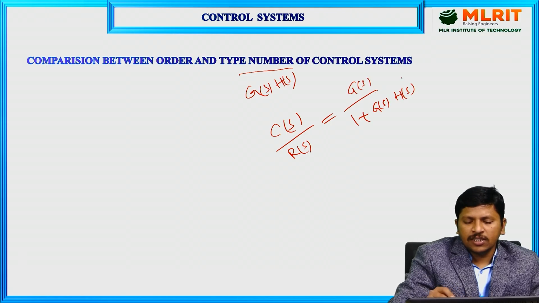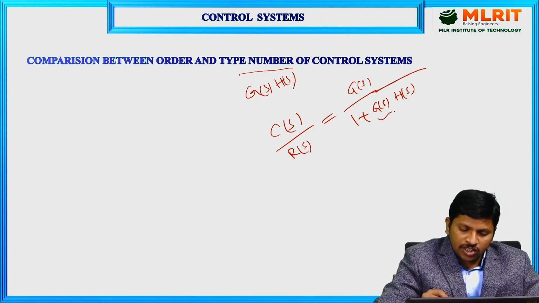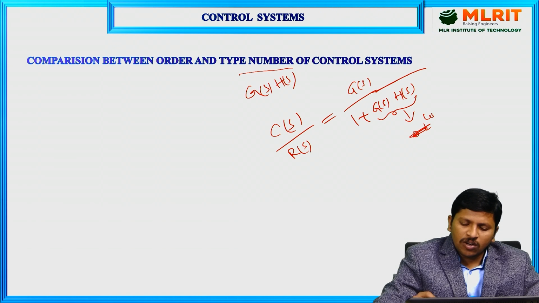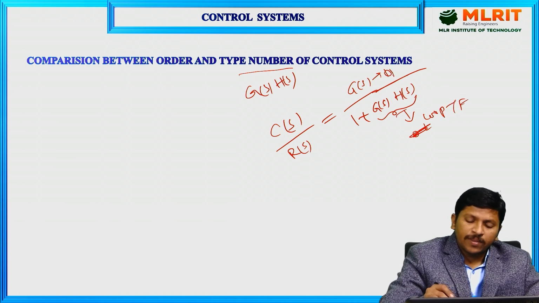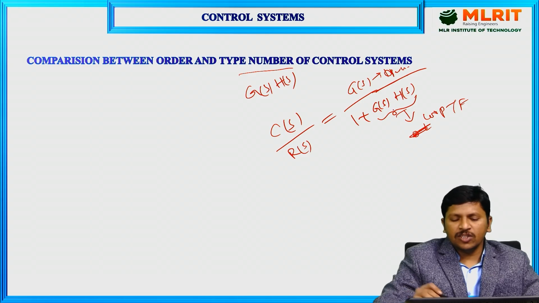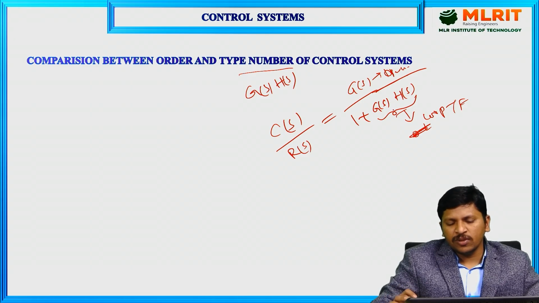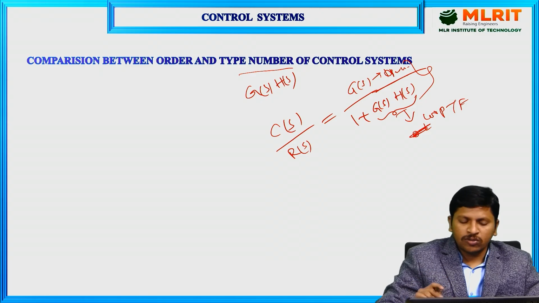In this condition, G(s) into H(s) is nothing but the loop transfer function. G(s) is the open loop transfer function, and G(s) into H(s) is the loop transfer function. This complete value is nothing but the closed loop transfer function. These three terms are in a single closed loop transfer function.